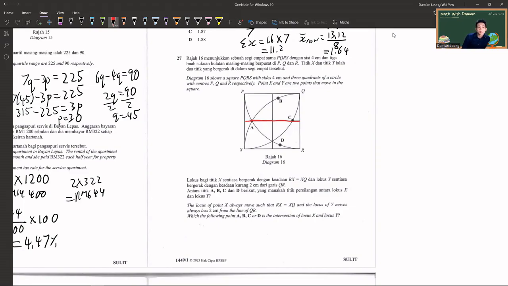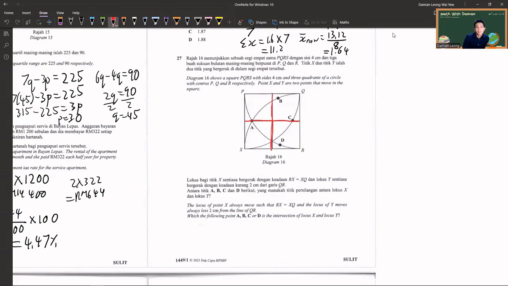Lokus Y sentiasa bergerak dengan keadaan kurang daripada 2 cm dari garis QR. So we consider exactly 2 cm from QR. QR is here, 2 cm away. Okay, jarak 2 cm. Maknanya dia garisan selari. Okay, it's a parallel line with your QR, 2 cm away. So it's this line.